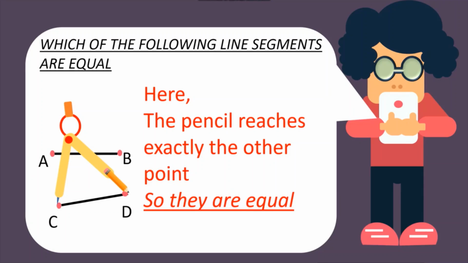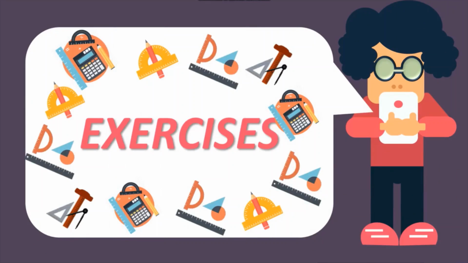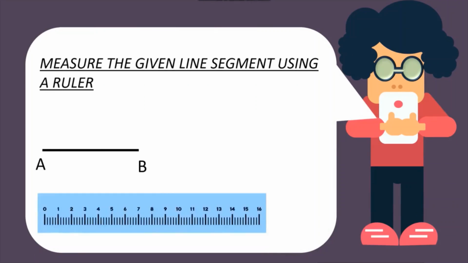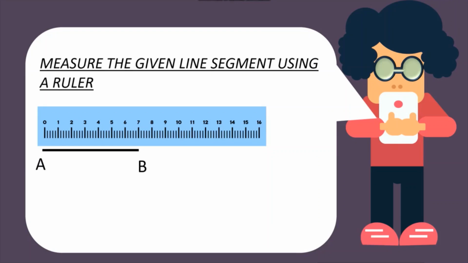Now we come to the exercises. In order to measure the given line segment using a ruler, let us see what is the procedure. Here it is given the line segment AB. Now how do we measure its length? For that, first we need a scale.